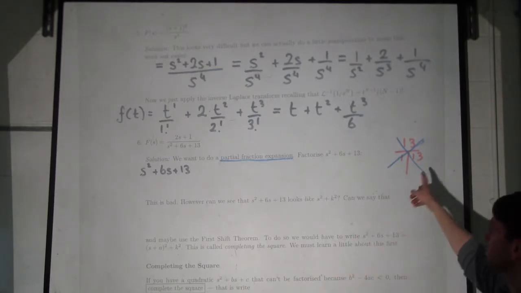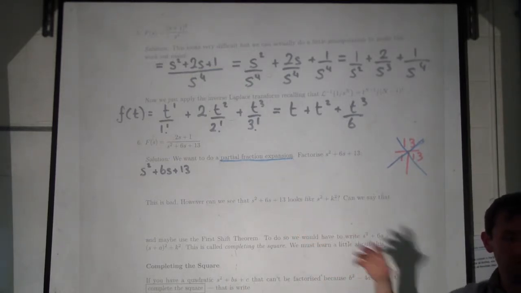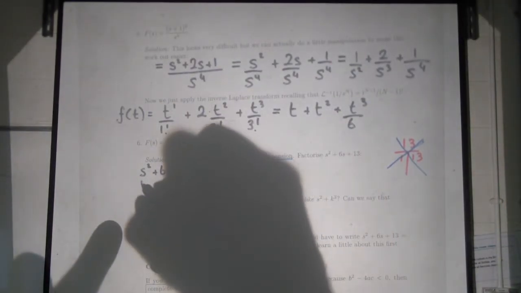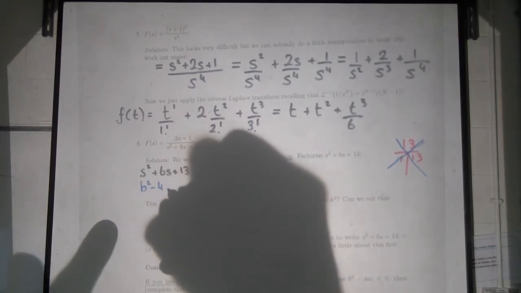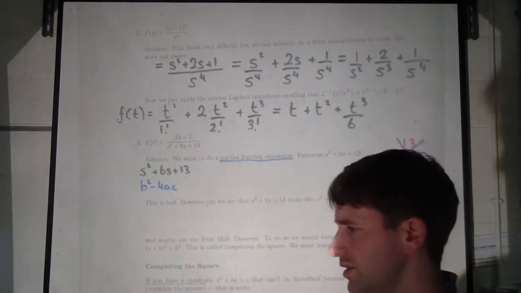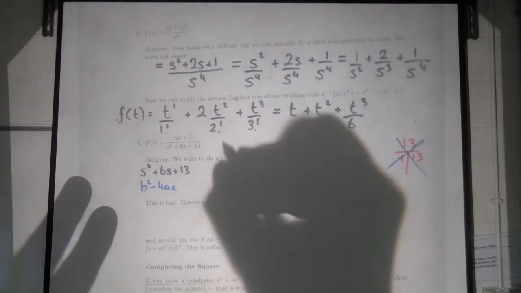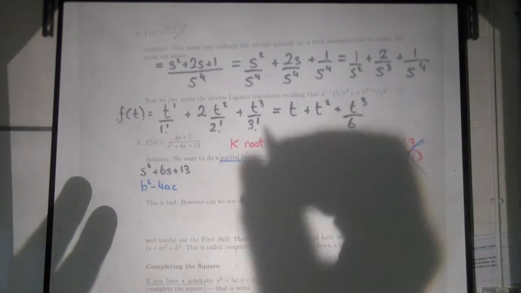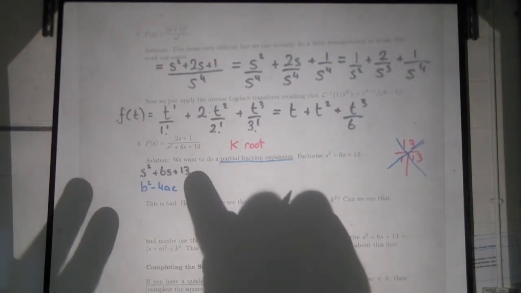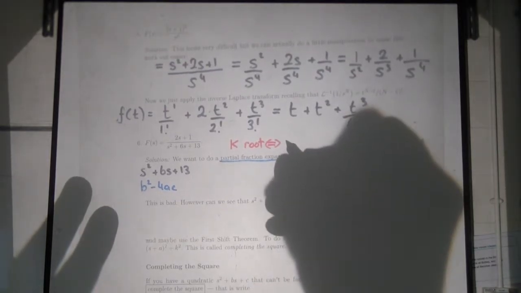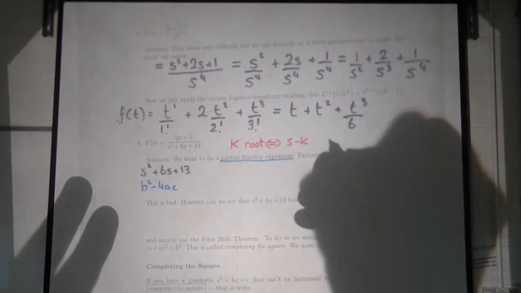If this doesn't work, then this has no factors at all. But just to double check, look at the b squared minus 4ac. If we think back, we had this little factor theorem: k is a root, say a number that you bang in and get 0, is equivalent to saying s minus k is a factor.